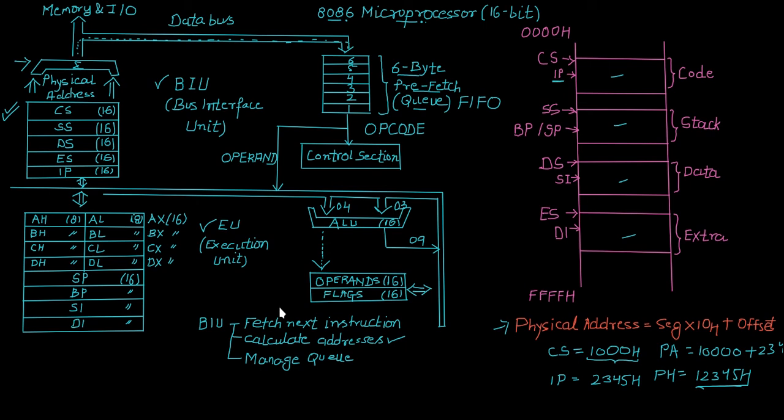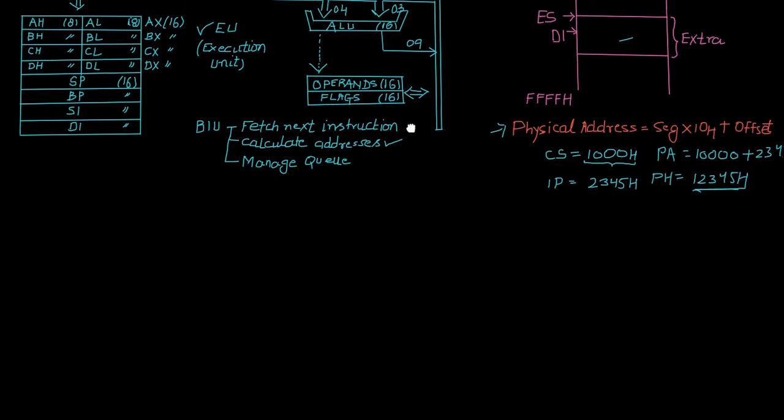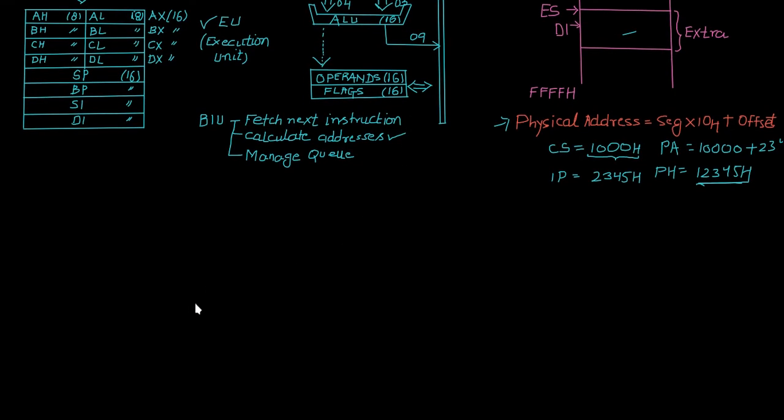For that, we will have to understand. I will just give you an example of an instruction, and we will be able to understand what is the use of the control section.